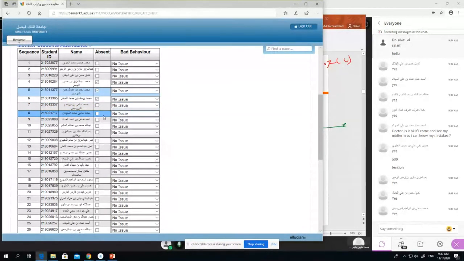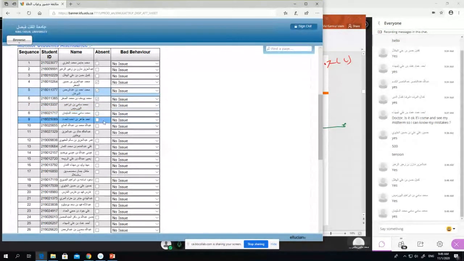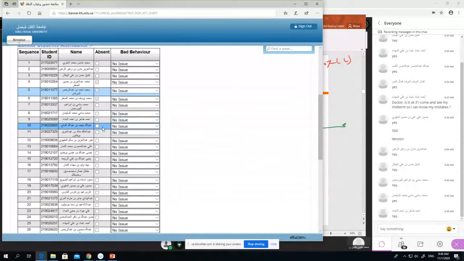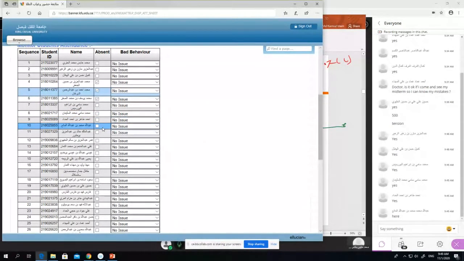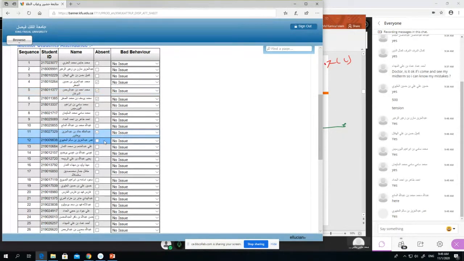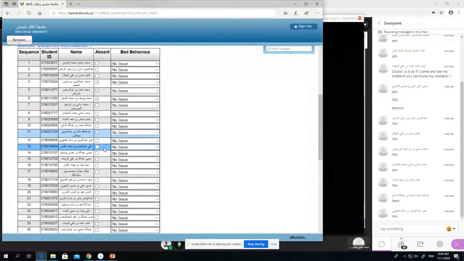Muhammad Sami, Muhammad Sulaiman, Ahmad Tahir, Abdullah Muhammad, Abdul Malik Khaled. Abdul Malik, absent. Umar Abdul Aziz, Ali Abdul Munaim.